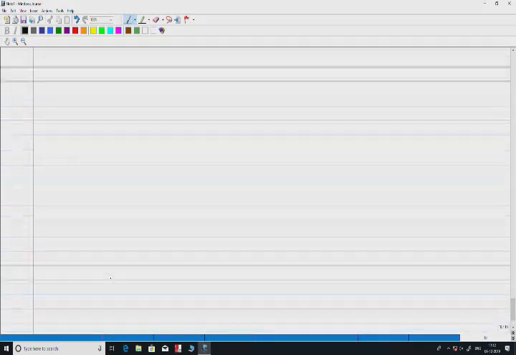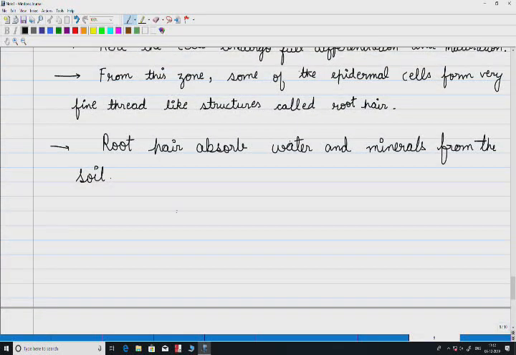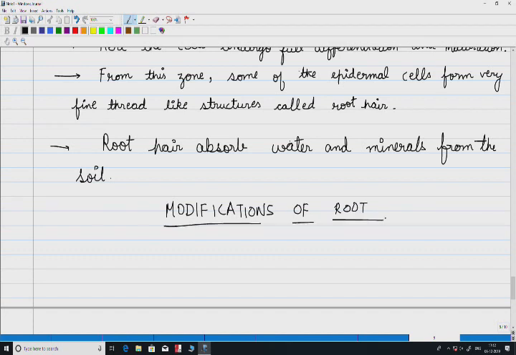Please put the heading: modifications of root. Modifications of root refers to the types of different modified apparatuses that roots are known for. So they can be of great variety, right?